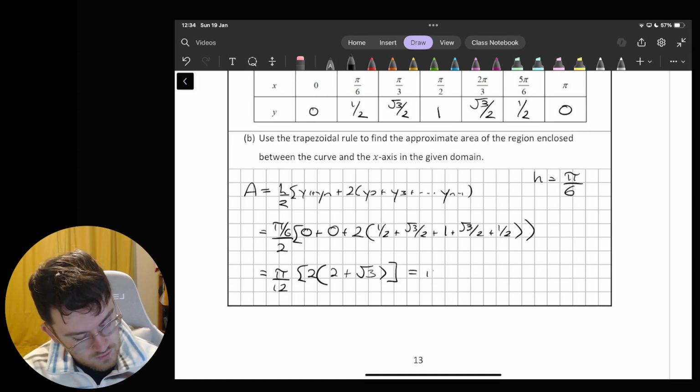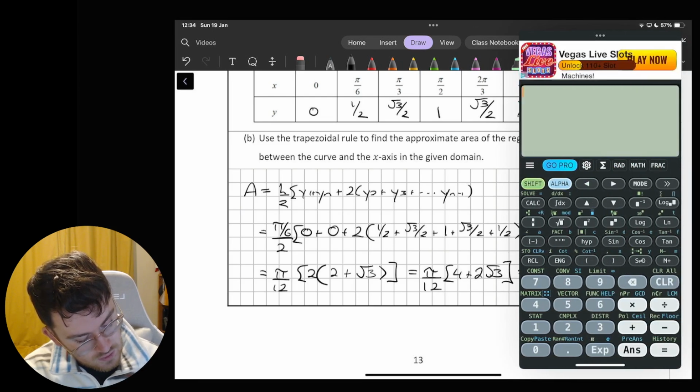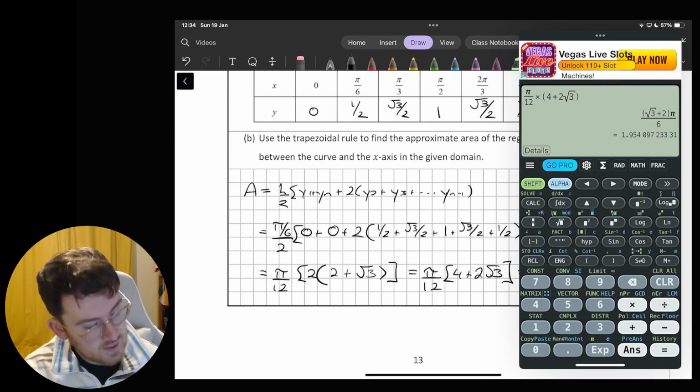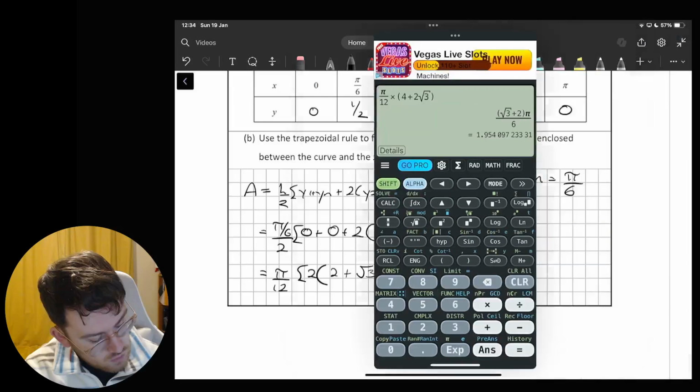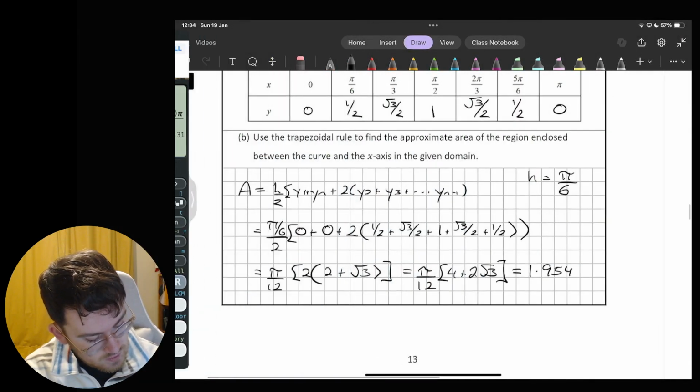So that's pi over 12 times 4 plus 2 root 3, and that's going to give me an answer of 1.94954 units squared.